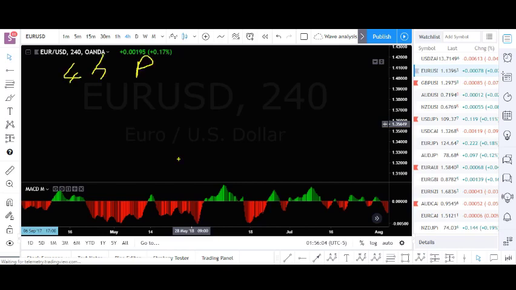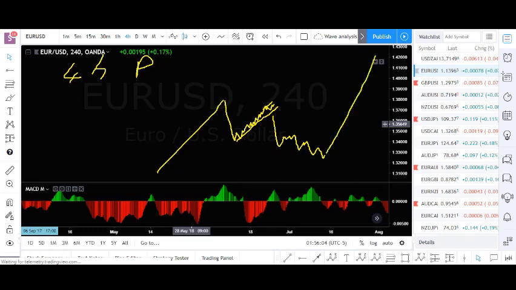So let's say you have a correction like this, and now you get this move, and now you get this B wave over here. What normally happens is, let's say this comes back down, and then we buy the trade. But what they do is they spike us out of the trade the whole time, and we get so fed up with the trade that we actually miss the next impulse move.